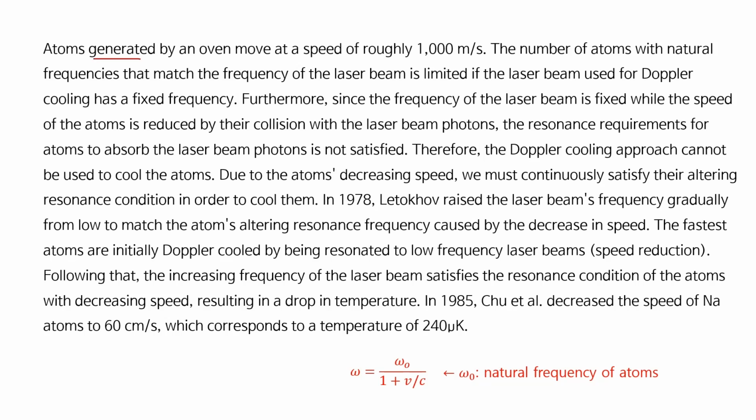Atoms generated by an oven move at a speed of roughly 1000 meters per second. The number of atoms with natural frequencies that match the frequency of the laser beam is limited if the laser beam used for the Doppler cooling has a fixed frequency. So if we use a laser with a fixed frequency, then only some atoms will interact with this laser.